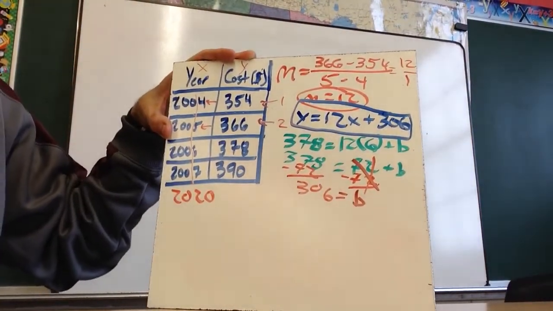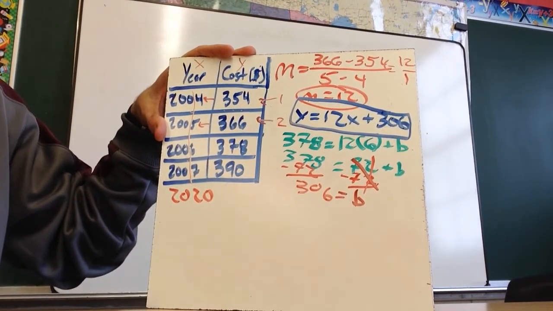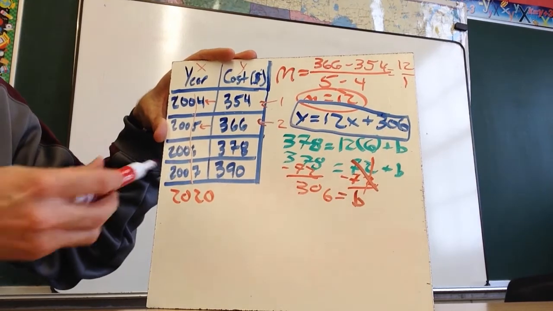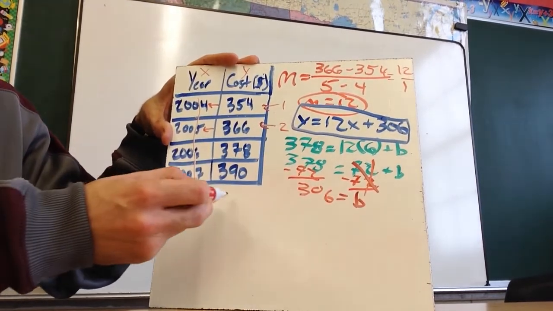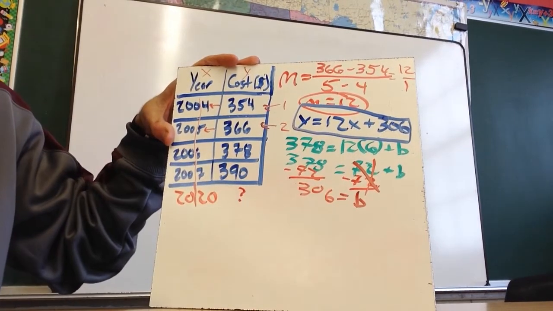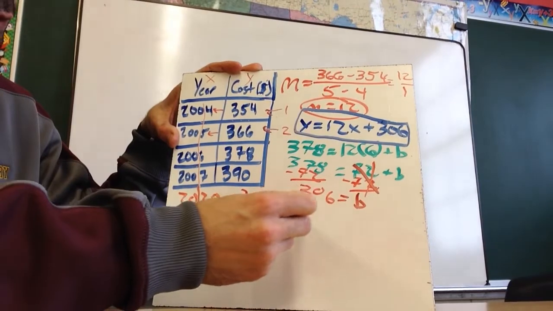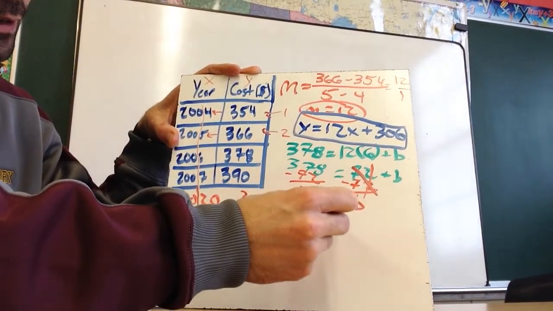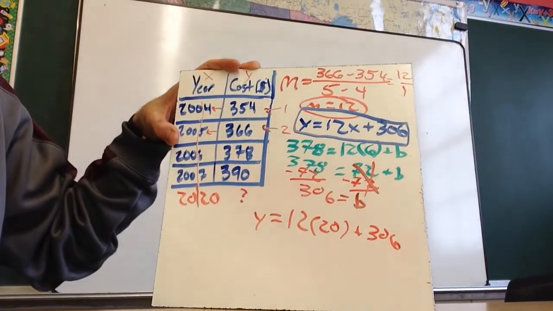Now, let's say that I did want to actually figure out what the cost was going to be. What I would need to do is say, okay, since I'm taking off the 2000s, this is going to become 20. So my x is going to be 20. My question is, what is y? So I'm going to go y equals 12, right? So I'm using mx. My x is 20 plus 306.